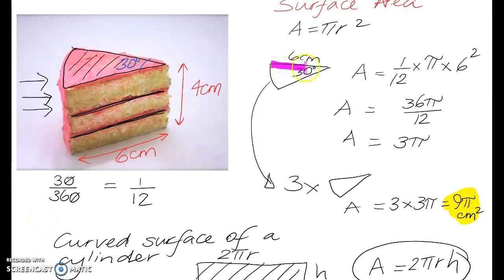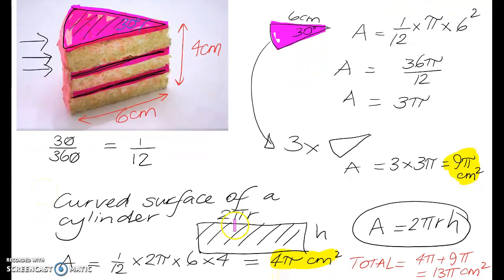So see that one there? That's the top. But it's also there and there. And then this bit here, because we only want 1/12, let's pretend that's a 1/12 part of it. That's around the side here. Okay, so that's how we've done that one.